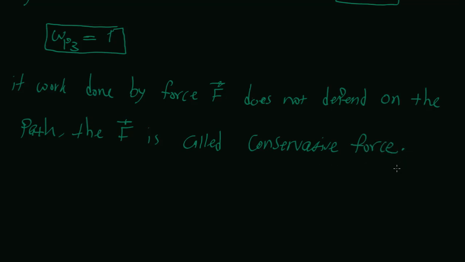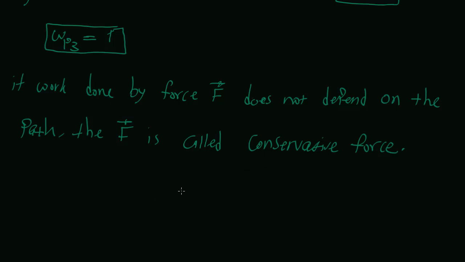Now the natural question is: when can we say that the force is conservative and when is it not? Obviously this is not the way to determine if the force F is conservative. We can't just calculate the work by the force F on every possible path and then conclude whether it is conservative or not.